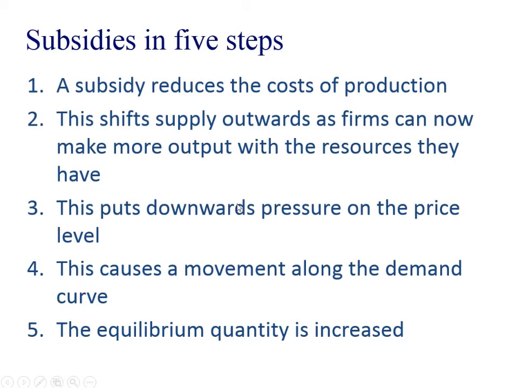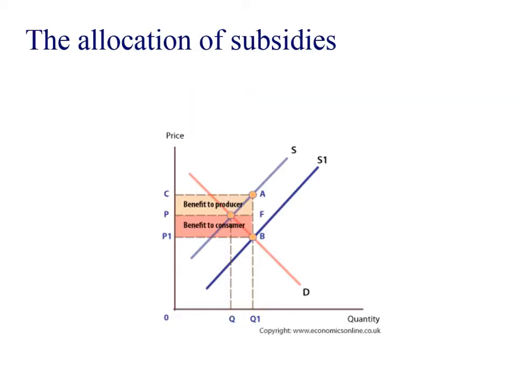So shopkeepers would think, we need to shift some of this, let's push the price down a little bit. So that's why you're getting that step 3 there. And this causes a movement along the demand curve, because when prices are lower, we demand more. That's why demand is downward sloping, and the equilibrium quantity increases, which gets rid of this underconsumption in the market.